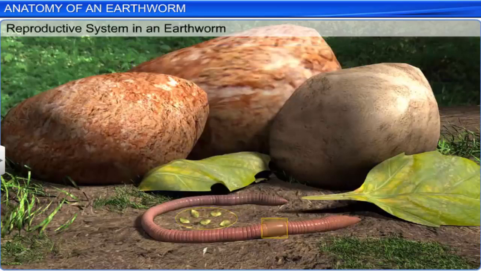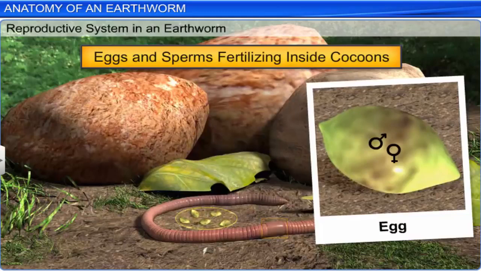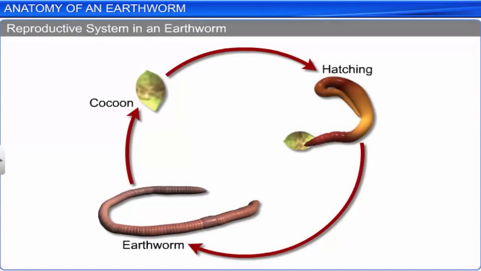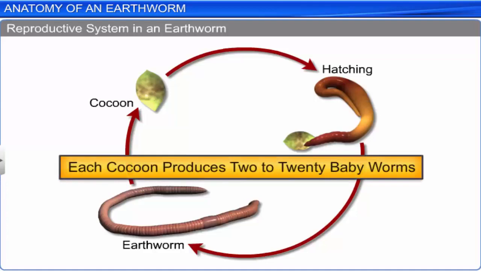The eggs are fertilized by the sperm in the cocoons and are deposited in the soil. Inside the cocoons, embryos develop, and after 3 weeks, each cocoon produces about 2 to 20 baby worms.